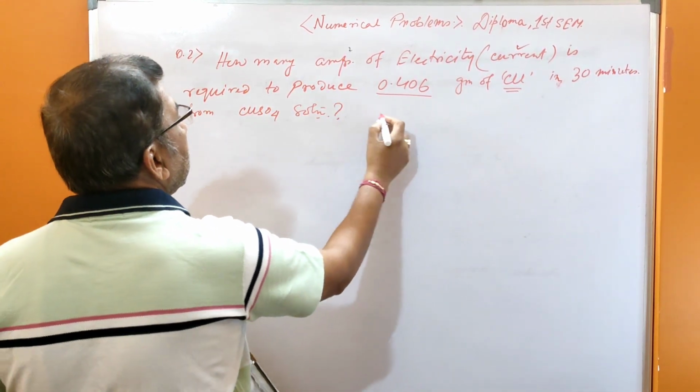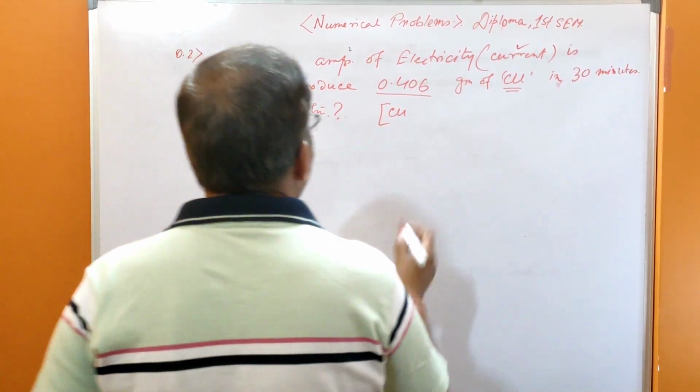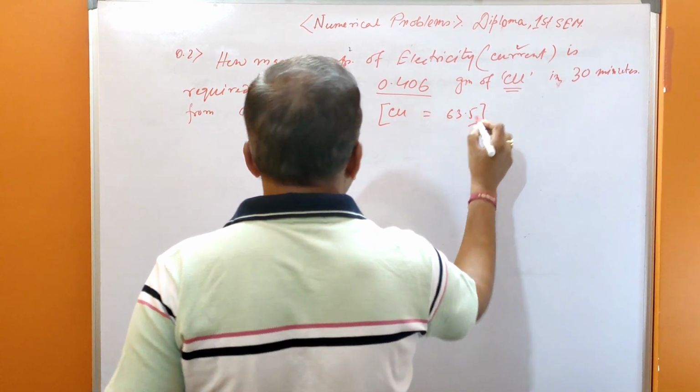This is the question, and given copper atomic mass is 63.5.